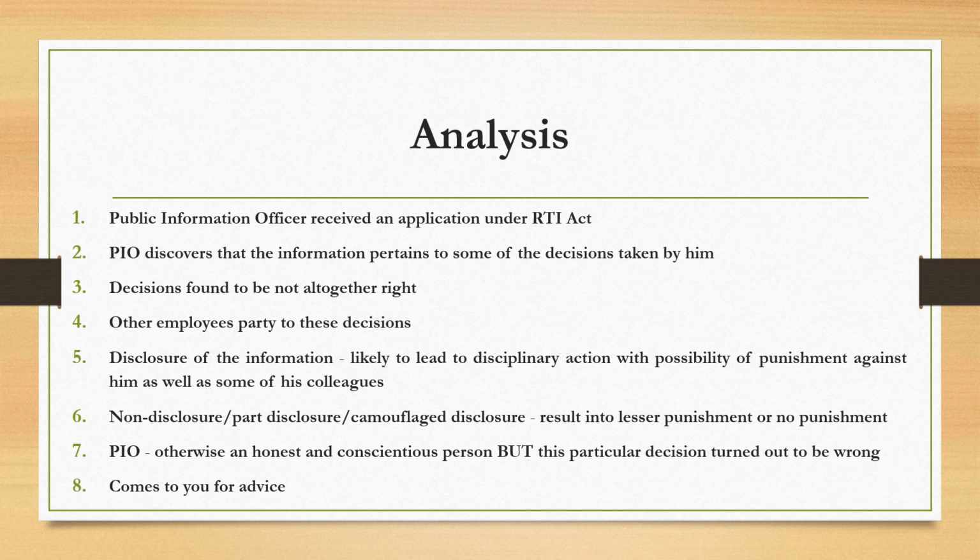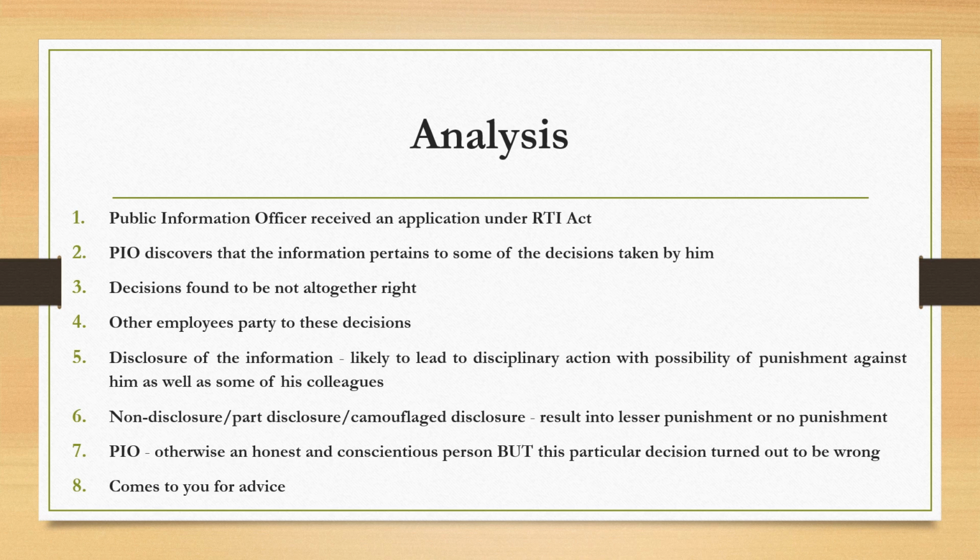Coming to the analysis summary of this case study. So from what we have understood while going through the case study, we have a public information officer who received an application under RTI Act. So basically a public information officer has duties of providing objective and truthful information in a complete manner as per the provisions of the RTI Act. So this PIO discovers that the information pertains to some of the decisions taken by him.